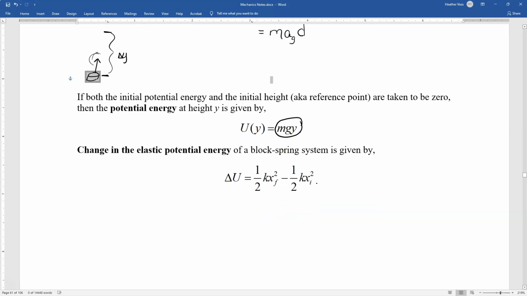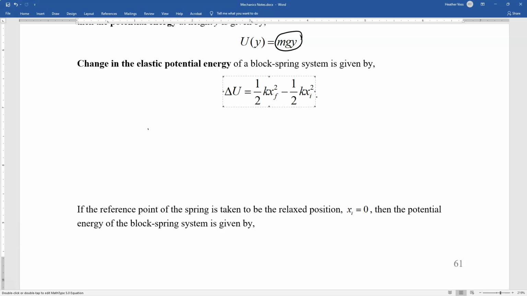Okay, so elastic potential energy, we looked at that in the last video. We were looking at how we had that triangle base and we could find the area under that curve. We could go from final to initial, and we would get this formula as our change in potential energy. So if I have a spring attached to a block, and we say this is its equilibrium position, its happy place, we say that is xi equals 0.